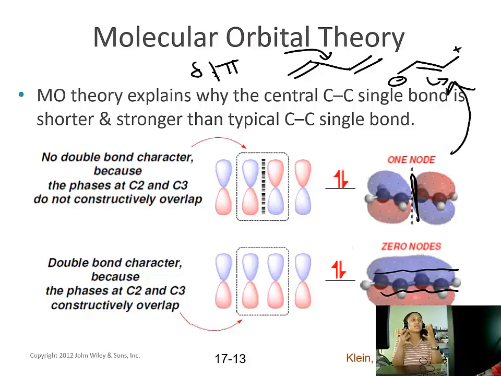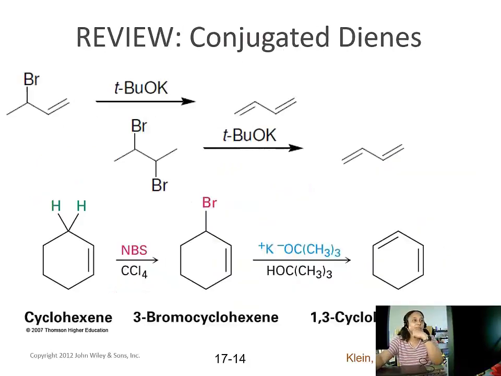Remember, resonance is just a way of drawing electrons to show you what the molecular orbitals are actually doing. And the molecular orbitals, which are how our electrons and orbitals are organized in our molecules, actually prove this, that one of our pi bonding is full overlap and one is partial overlap.